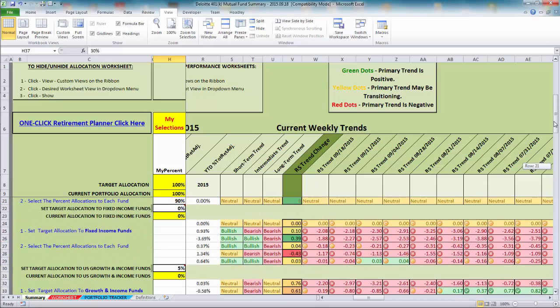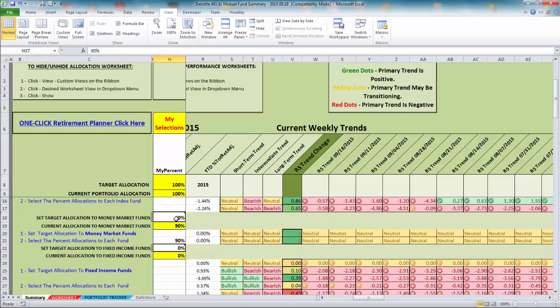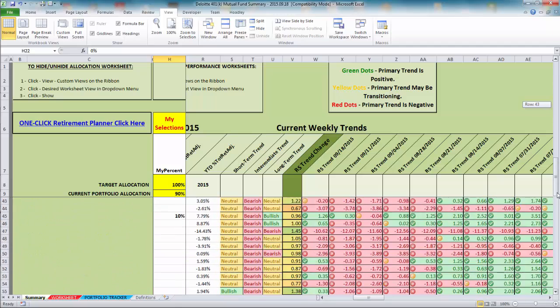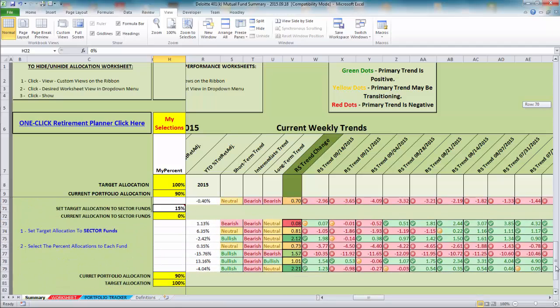And let's go back here, and we had one other fund that was showing green lights. So this will take our money market fund down to 80%. And let's go ahead and see which fund it was again that had the two green lights. Here we went down here. This was the healthcare funds. We have the two green lights that are showing relative strength on a week-over-week basis, as well as a bullish long-term trend.